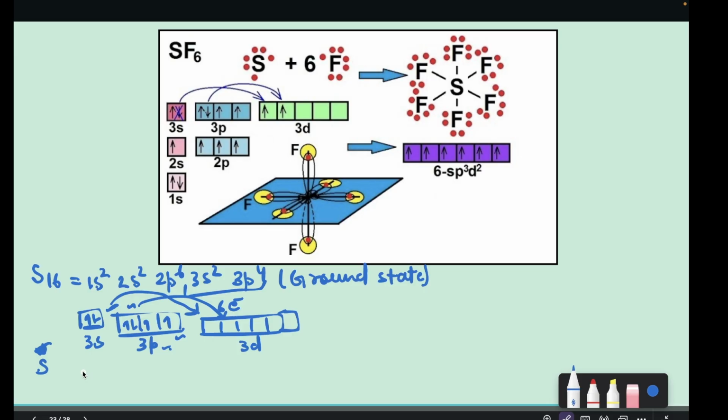So on excitation, the configuration is like 3s1, 3p3 and 3d2. Now 1s, 3p and 2d orbitals rearrange themselves and will form 6 sp³d² hybrid orbitals.